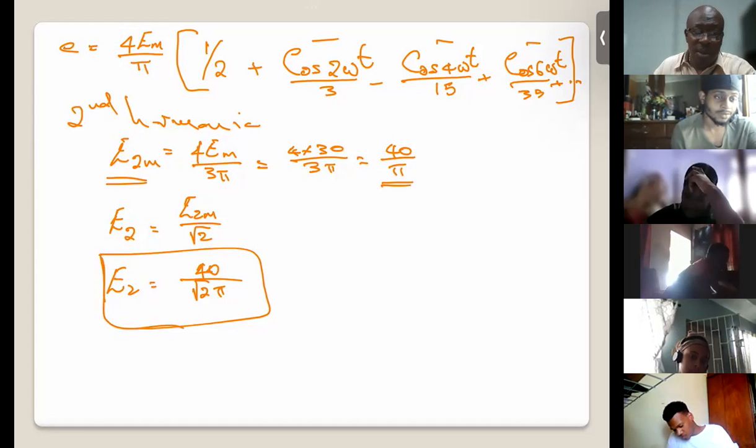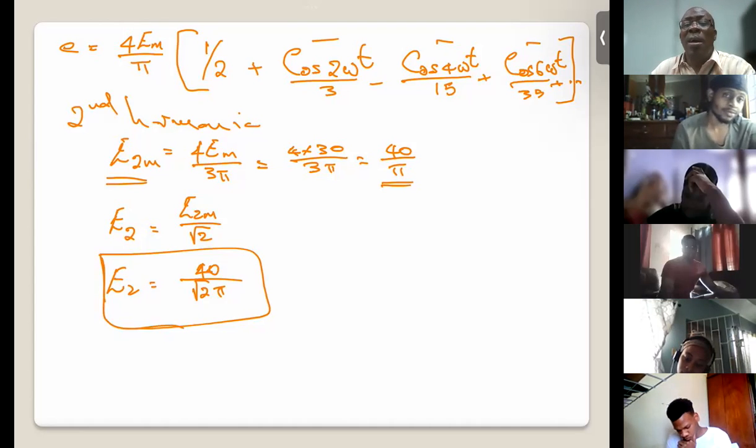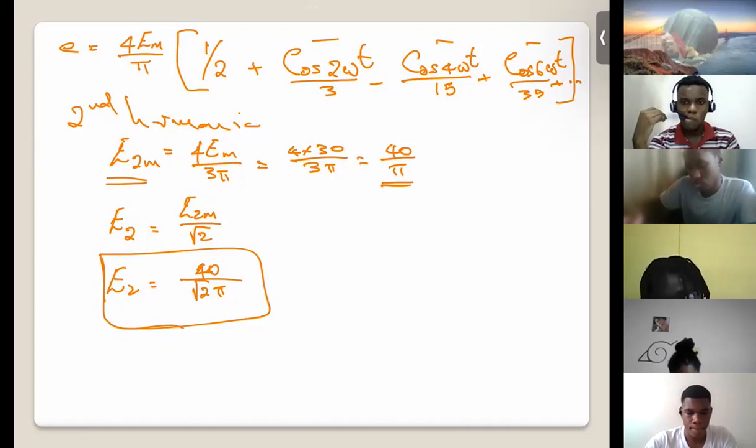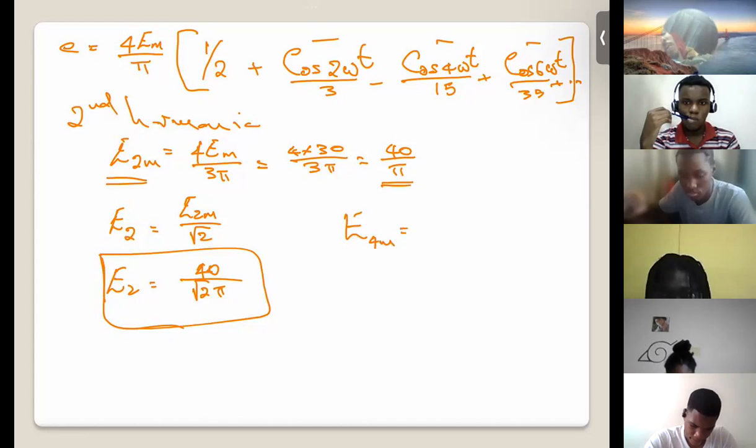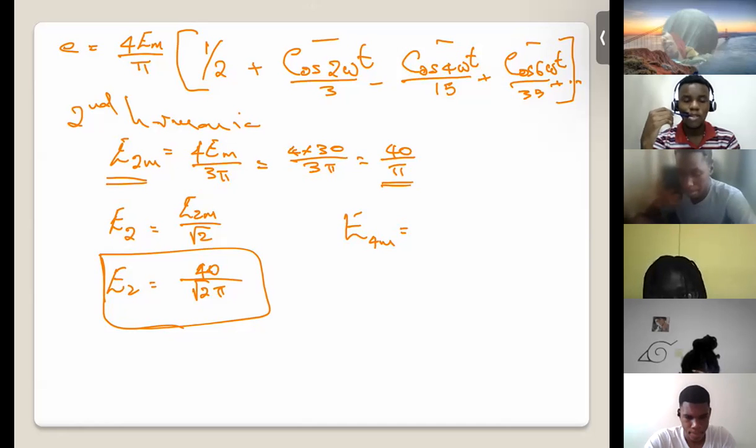So, given this and the fact that I'm hearing no questions, let's see now. Henry, what is the peak for the fourth harmonic? 4 EM over pi times 1 over 3.